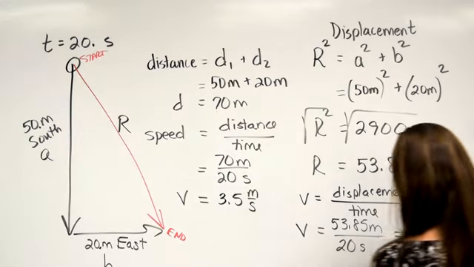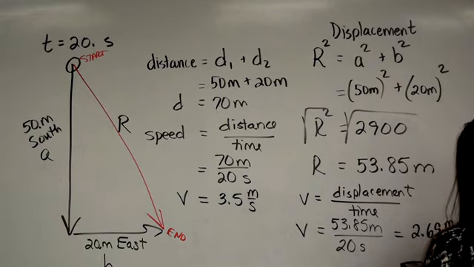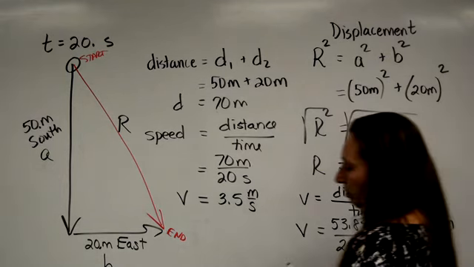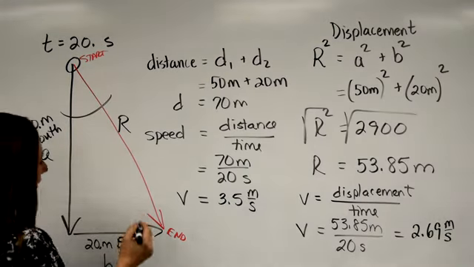Our velocity is 2.69 meters per second. But we really should get our angle here.